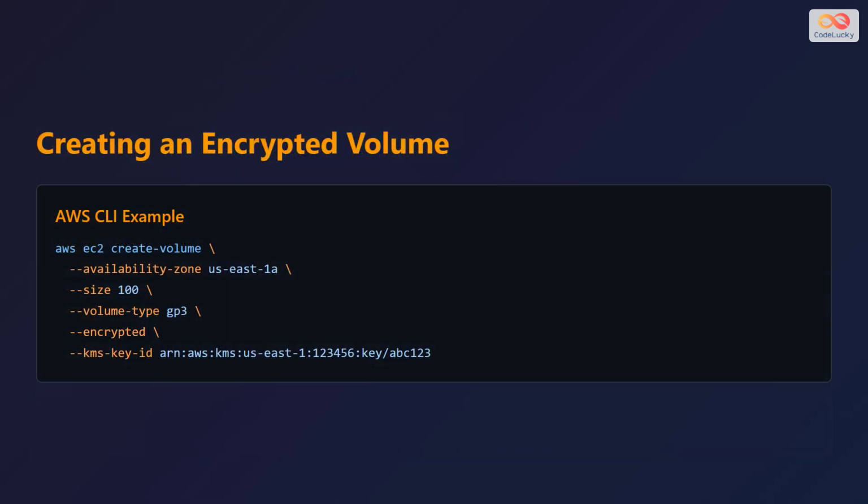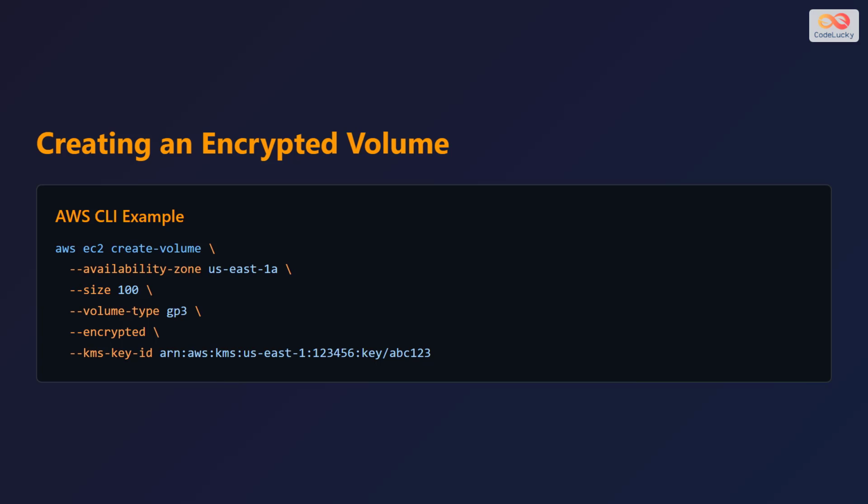Creating an encrypted EBS volume is straightforward using the AWS command line interface. Here's an example command that demonstrates the process. You use the aws ec2 create-volume command and specify several parameters. First, you define the availability zone where the volume will be created, such as us-east-1a, then you specify the size in gigabytes, for example 100.